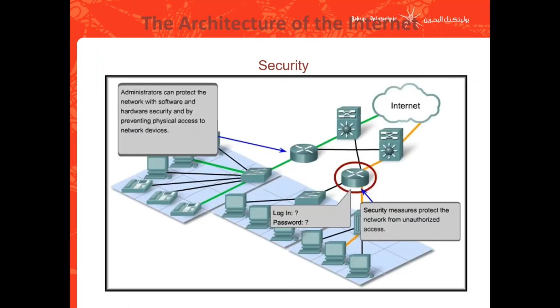Security. This is the easiest one. Let's go back to the same example where your friend comes to your place and asks you for the Wi-Fi password, and you give them the Wi-Fi password, and then they're able to connect. If someone doesn't have that Wi-Fi password, they're not able to connect to your network. This is how we make the network secure.